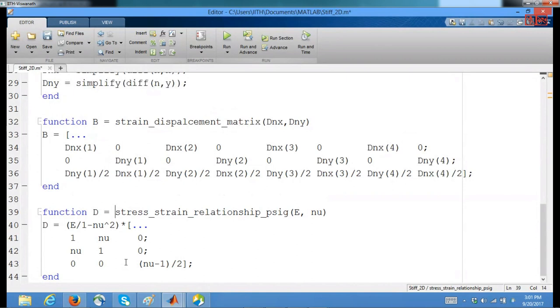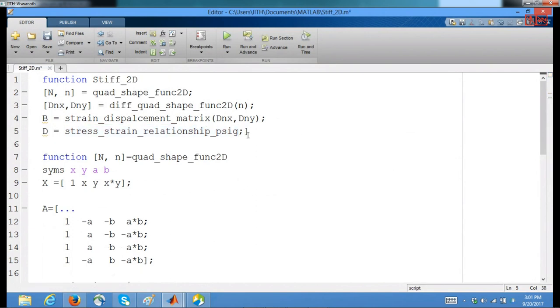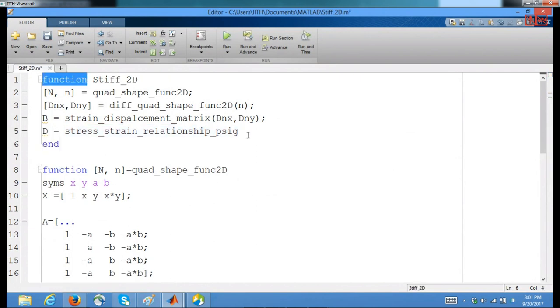So let us have a look at the D matrix. If I run it, I have to give E and nu.